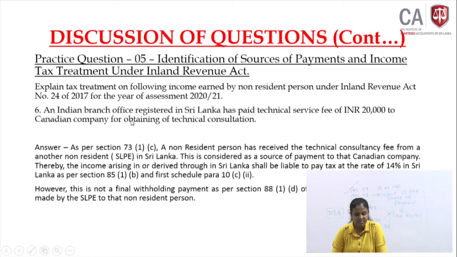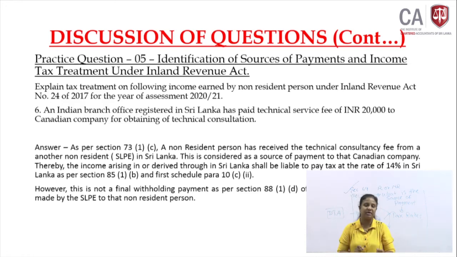An Indian branch office registered in Sri Lanka has paid a technical service fee of INR 20,000 to a Canadian company for obtaining technical consultation. Now you have to look at this very carefully. This is not a payment received by a non-resident person from a resident person.